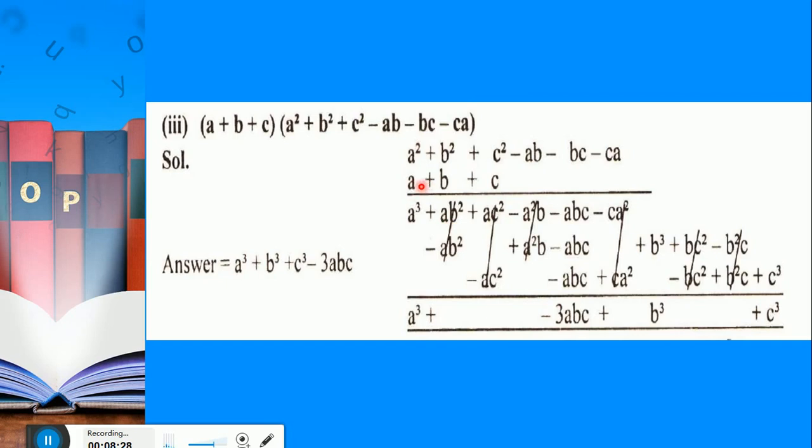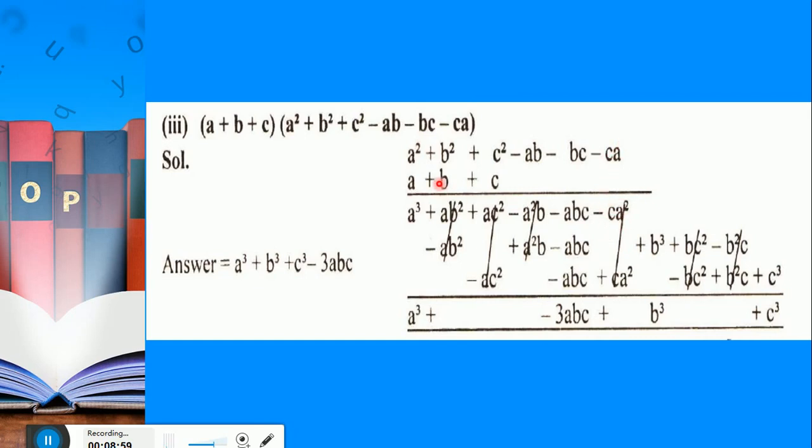Plus a multiplied by minus ab square, there is a and there is a, a into a square b, so it will be minus a square b. Now multiply a with minus bc, so it will be minus abc. Now multiply a with minus ca, so it is minus ca square.